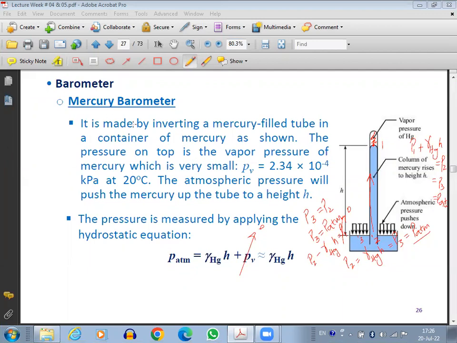Okay, so this is Mercury Barometer because it uses mercury and is used to measure the atmospheric pressure.